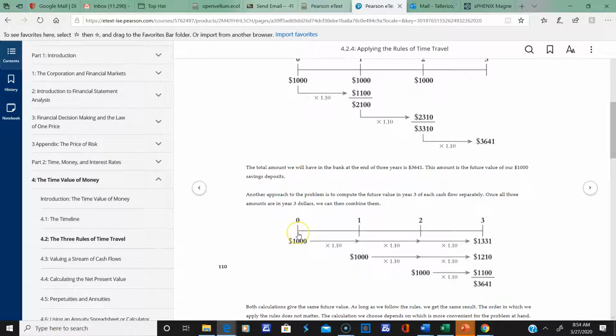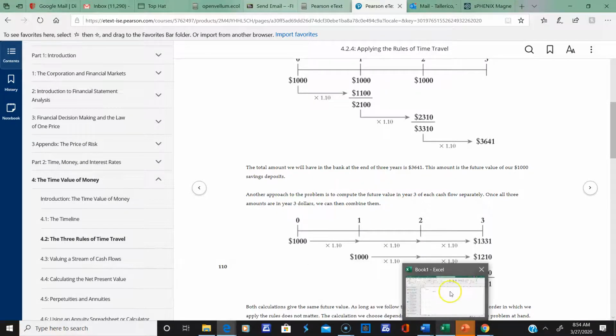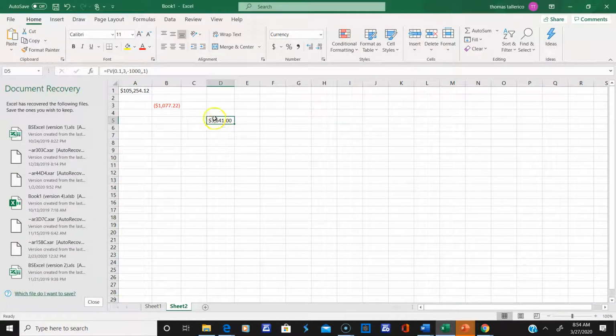So this is the beginning of year 1, this is the end of year 1, which is the beginning of year 2, and this is the end of year 2, which is the beginning of year 3. So they're all 3 beginnings, and you see clearly it tells you that treating it as an annuity due here in Excel will give you that answer.